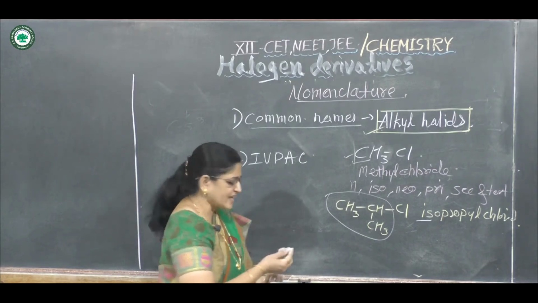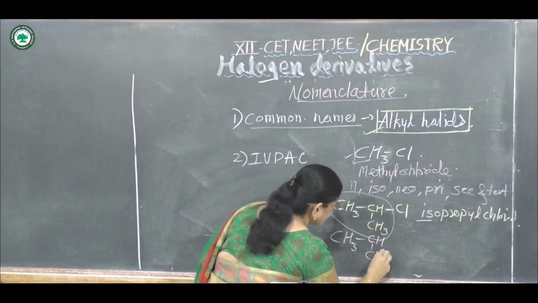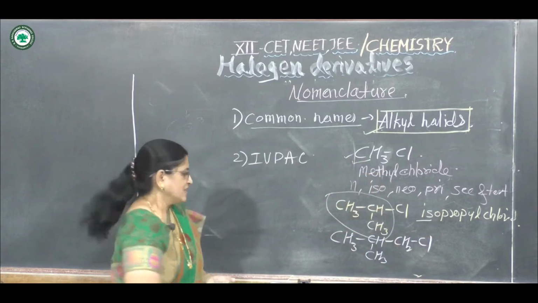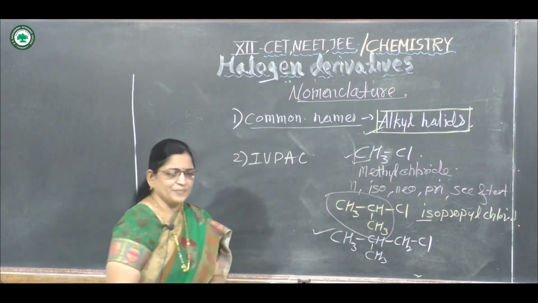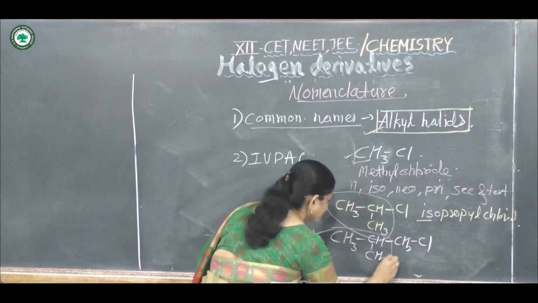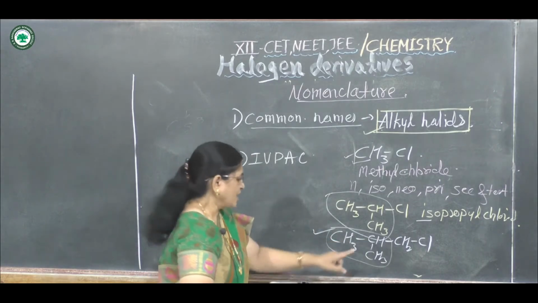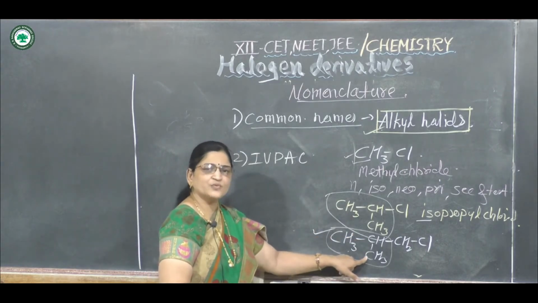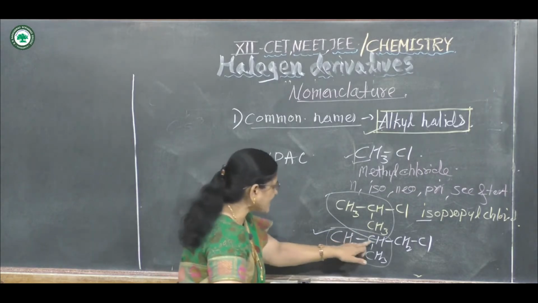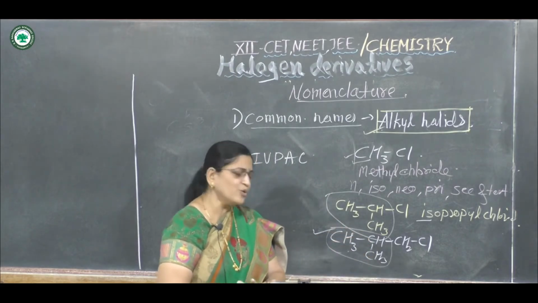Now a second example, CH3CH(CH3)CH2Cl. What is the name of this compound? Again, this is an iso group. If on the second carbon atom there is one methyl branch, it is always called an iso group. If on the second carbon atom there are two methyl branches, it is called a neo group.